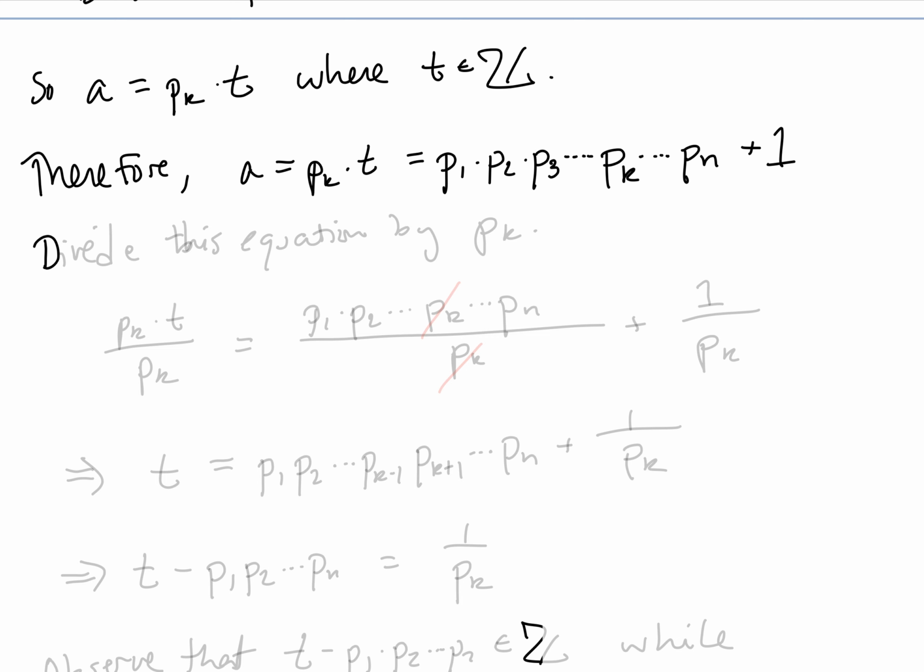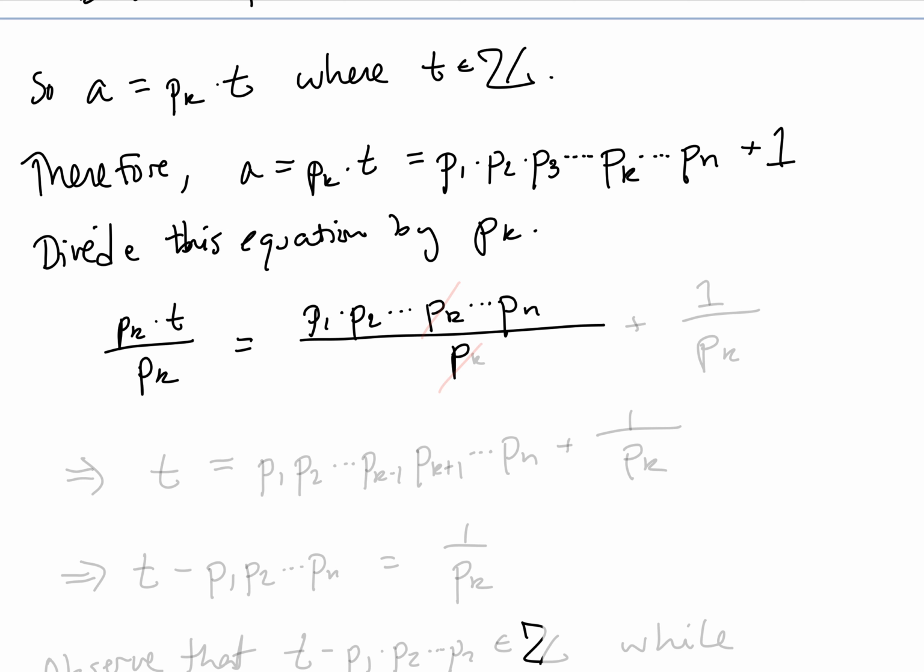And we can divide both sides of this equation by pk. So if we do that, we arrive at pk times t over pk is equal to p1 times p2 times ... pk times ... pn over pk plus 1 over pk.